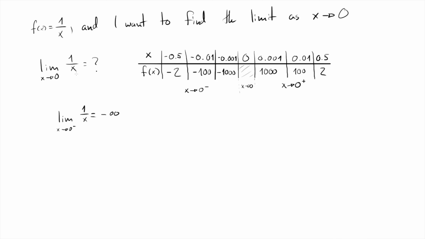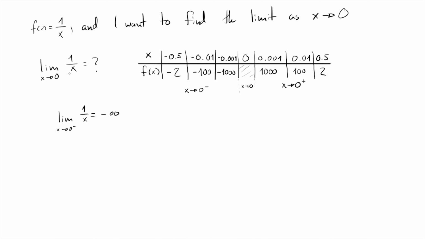The smaller that this x number gets, the larger that the resulting value will be. Because remember, if you're dividing by a really small number, that small number can be written as a fraction, and that fraction is going to get flipped and multiplied. So you're going to get a really large number. And if that number is in the negatives, then your resulting number will be a very, very negative number.